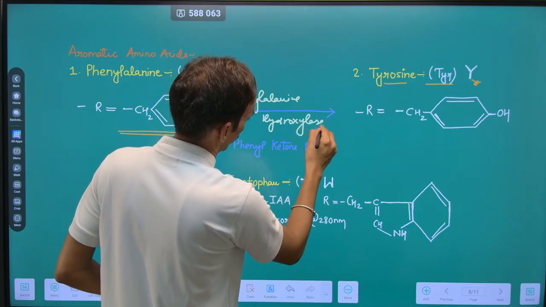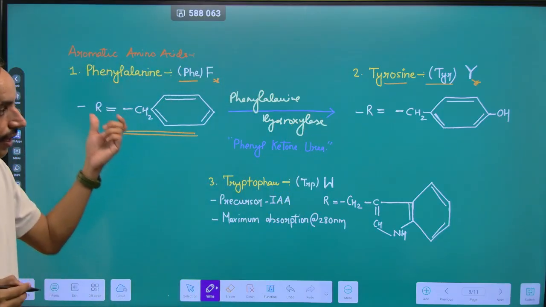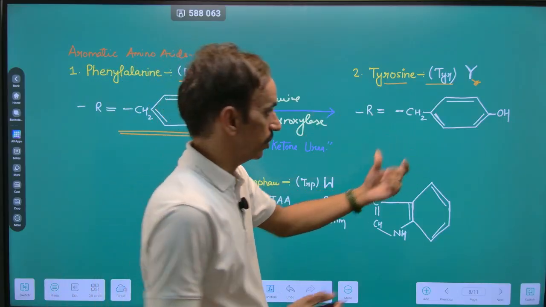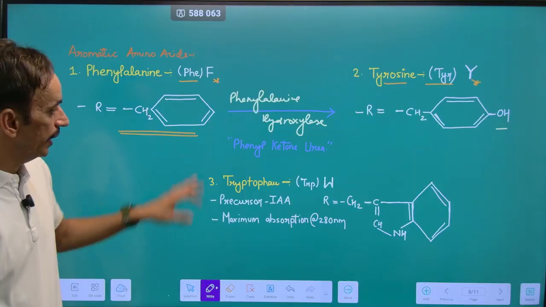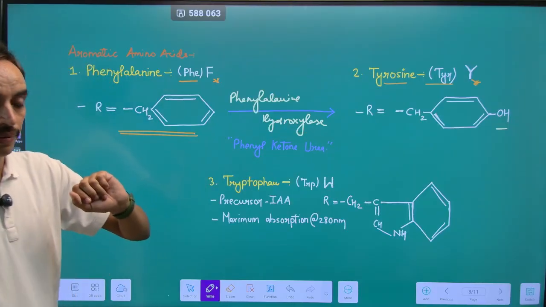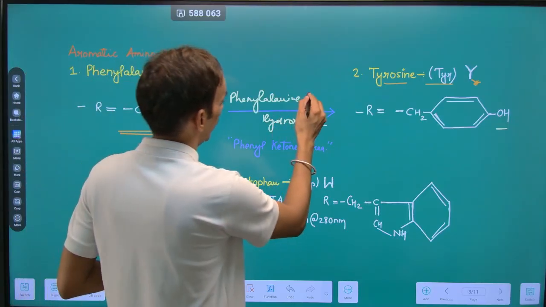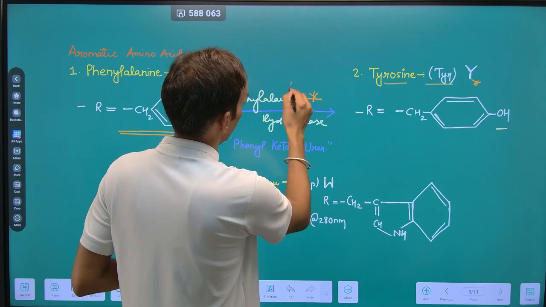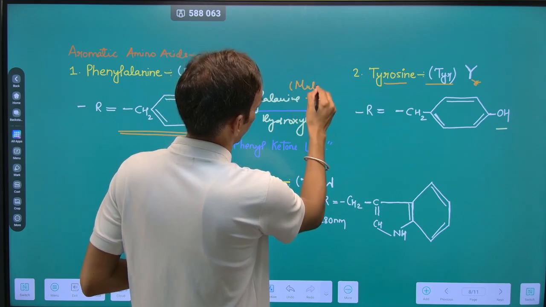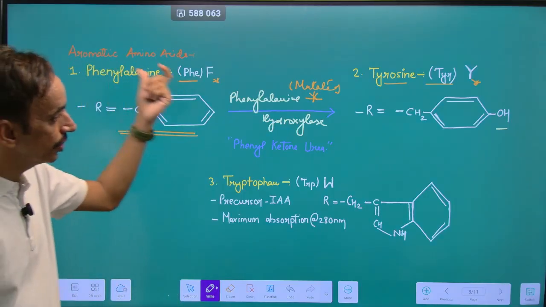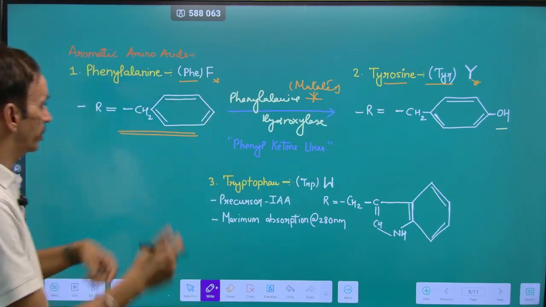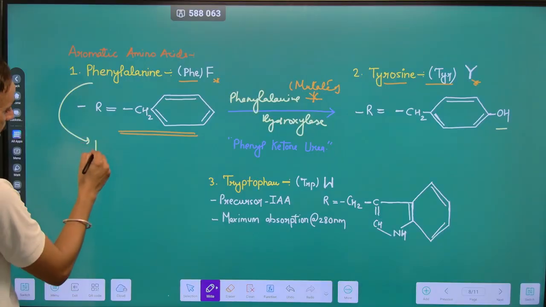If there is a hydroxylation of this phenylalanine, it will convert into tyrosine, meaning simply there is an addition of an OH group. Then it is known as tyrosine. But if this enzyme phenylalanine hydroxylase gets mutated, in that particular condition, this phenylalanine, instead of converting into tyrosine, will convert into phenylpyruvate.